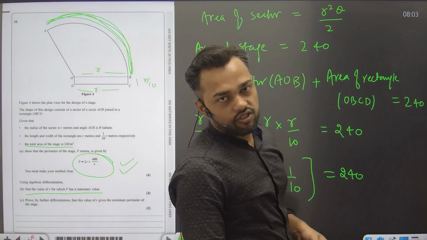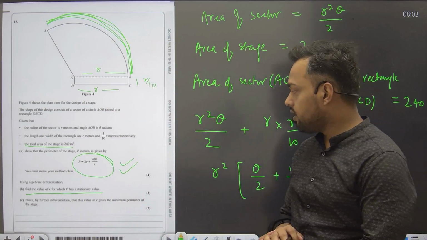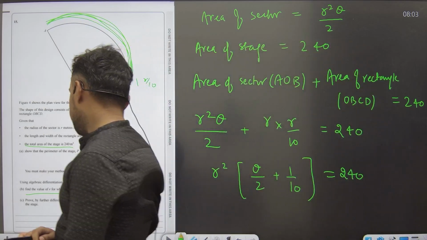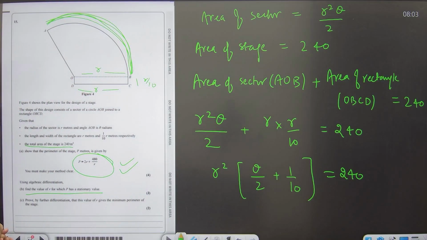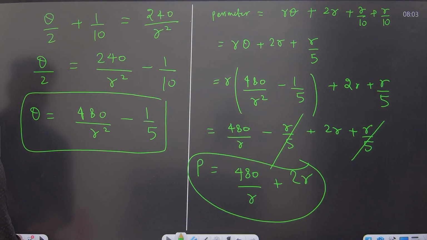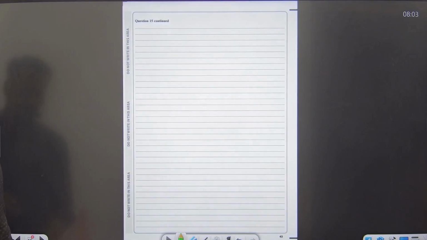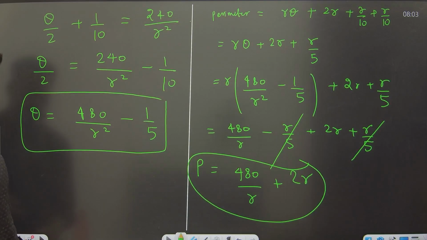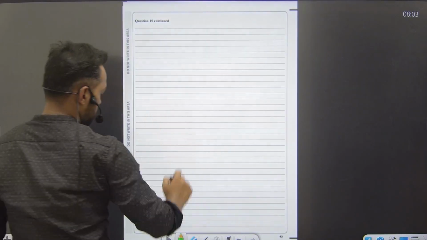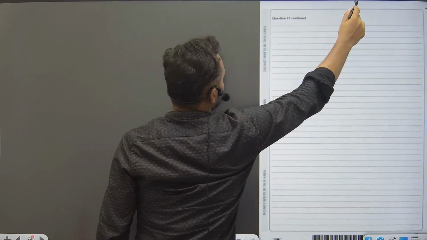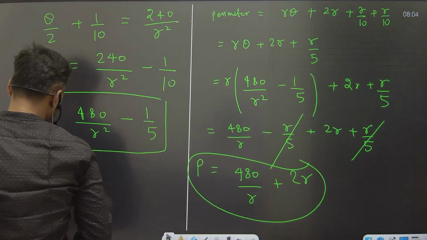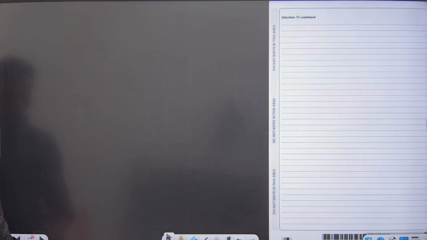P will have a stationary value when the rate of change of the perimeter P with respect to the radius r is 0, then only it will have a stationary value. It means we need to differentiate this part with respect to r.